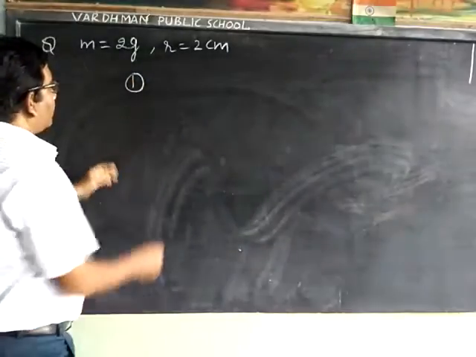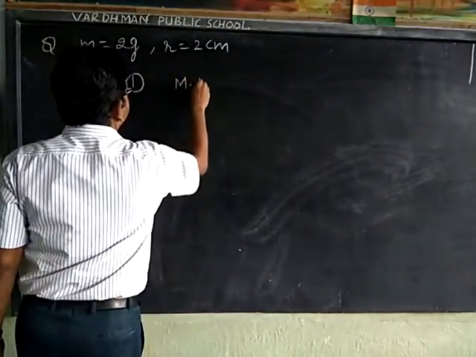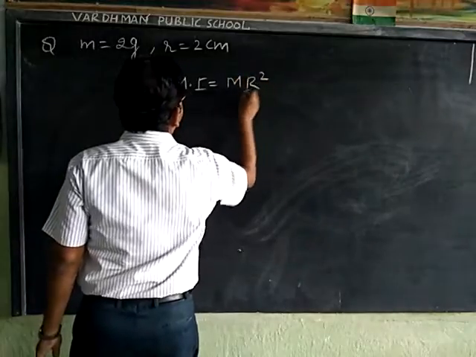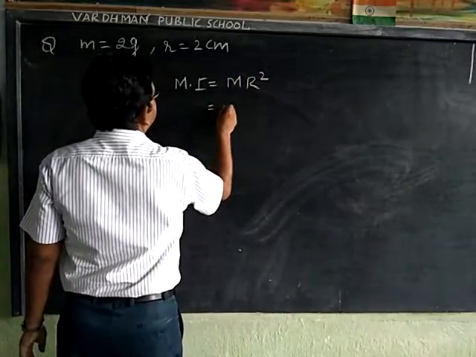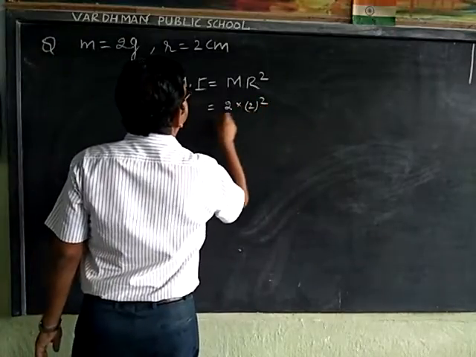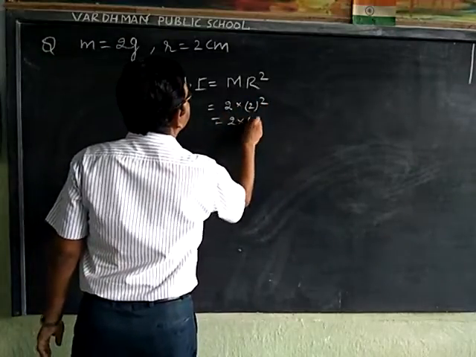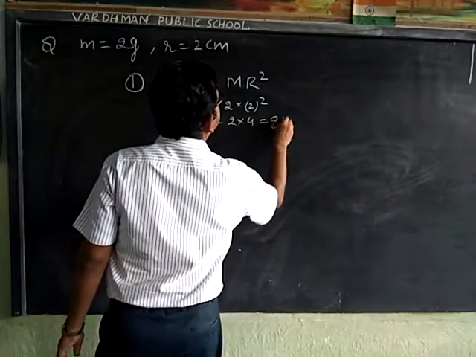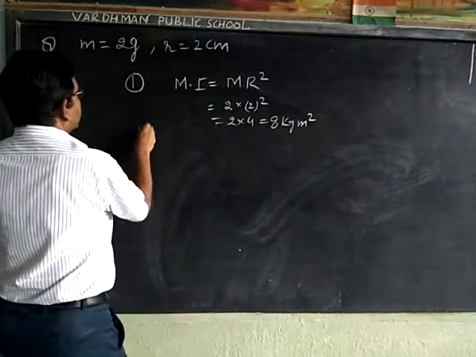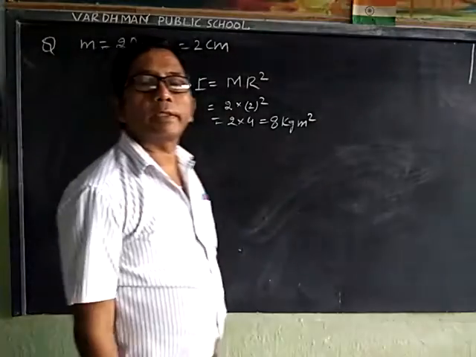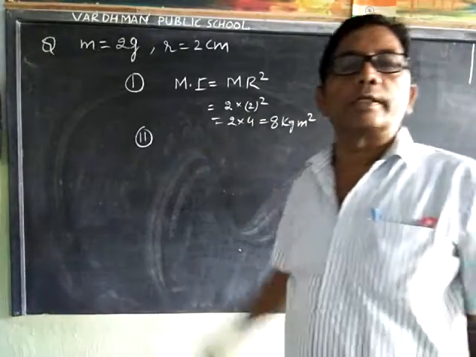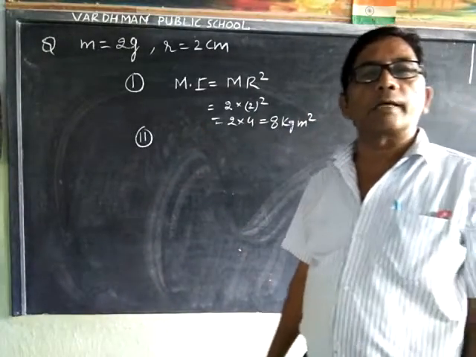Now first one, moment of inertia is equal to mr square, that is m 2 into 2 square, that is 2 into 4, 8 kilogram meter square. This is the moment of inertia about an axis passing through the center and perpendicular to the plane of the ring.